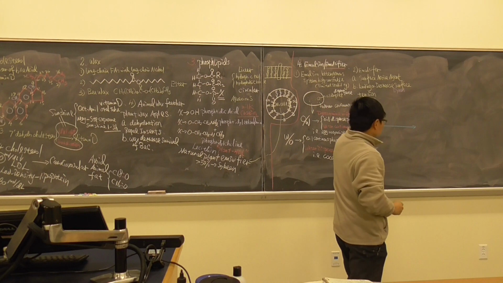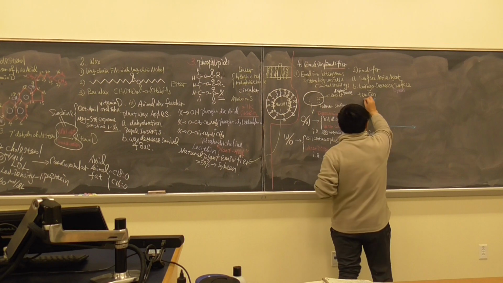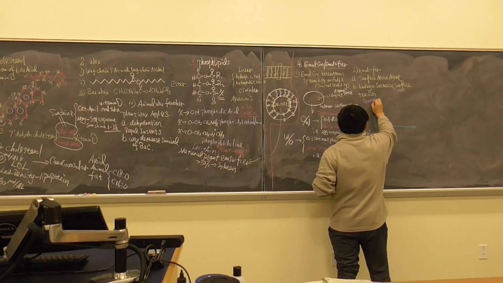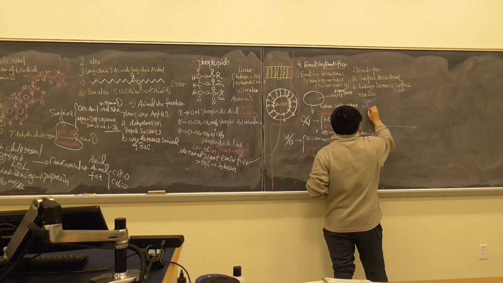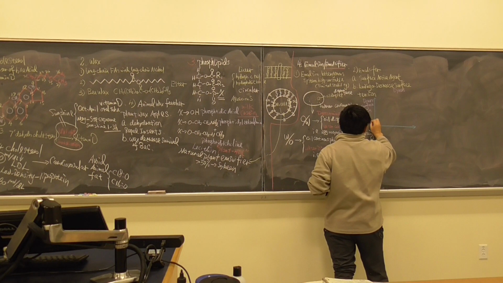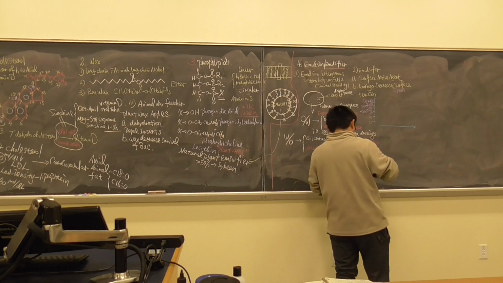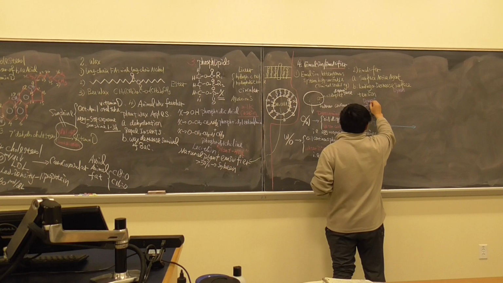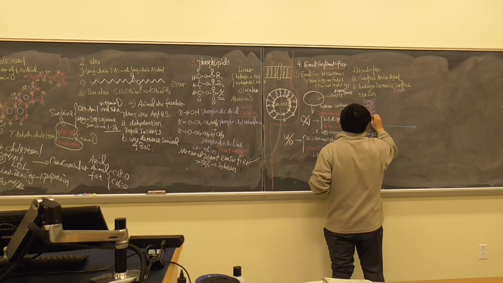So the y-axis is dynes, and this means surface tension. So I have 10, 20, 30, 40, and 50. I'm going to draw it a little bit clearer. This is 50, 40, 30, 20, and 10.